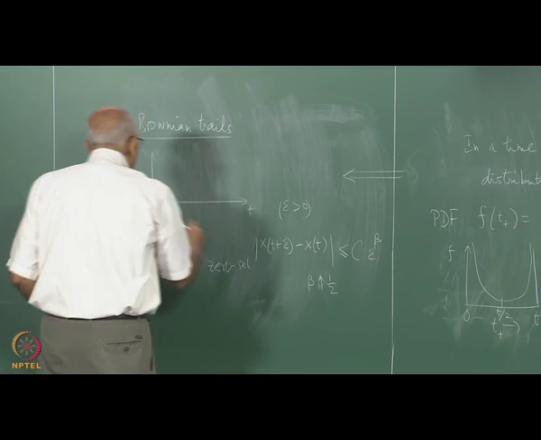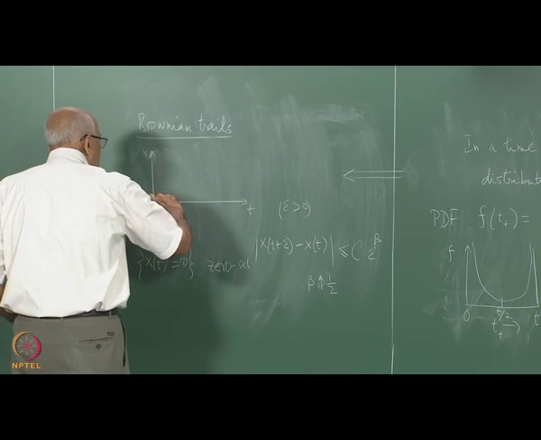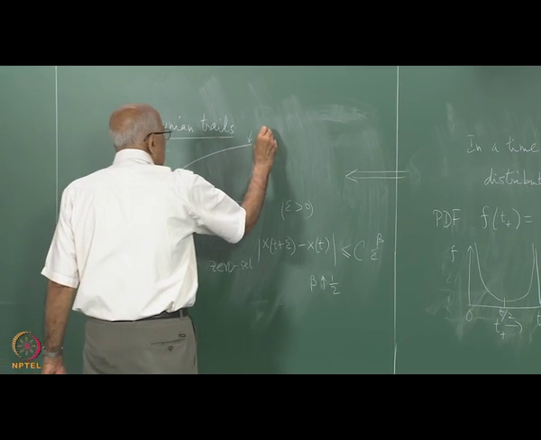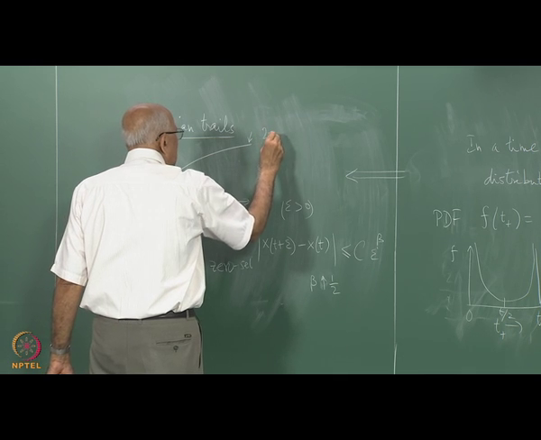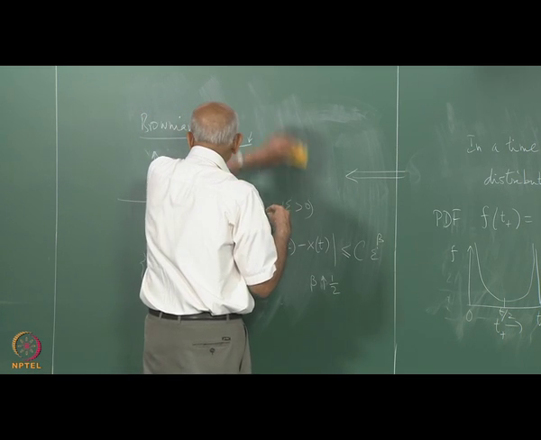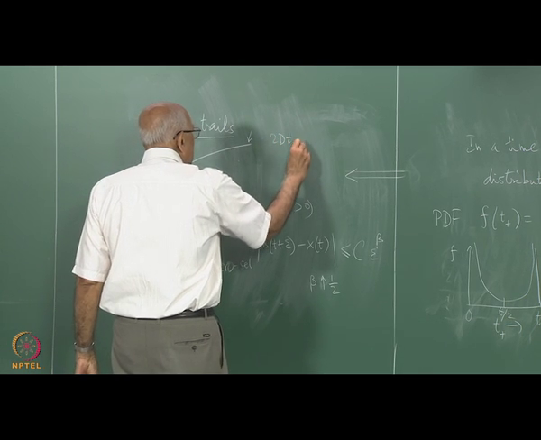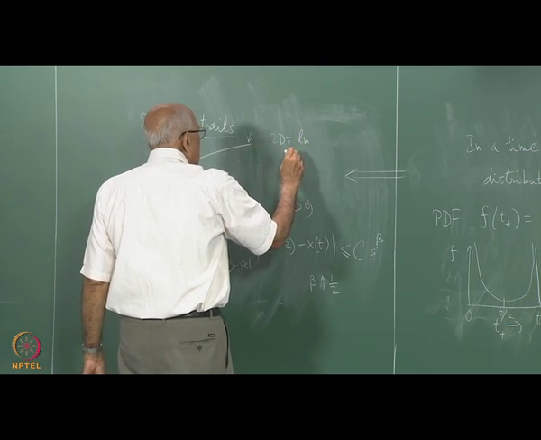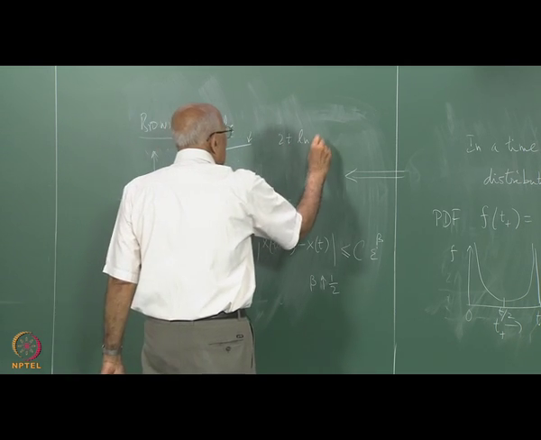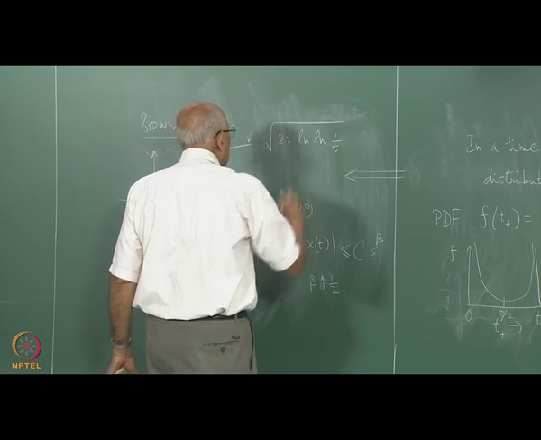And it turns out that if you plotted time against the following function, it starts at the origin. Let us work in dimensionless units, put D equal to 1: the function is the square root of 2t log(1/t).